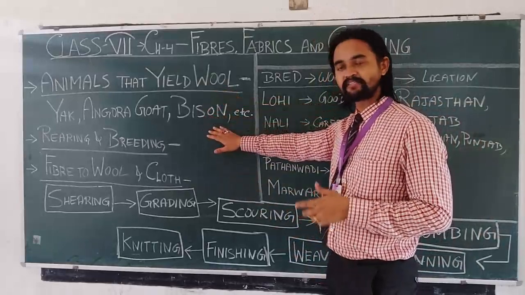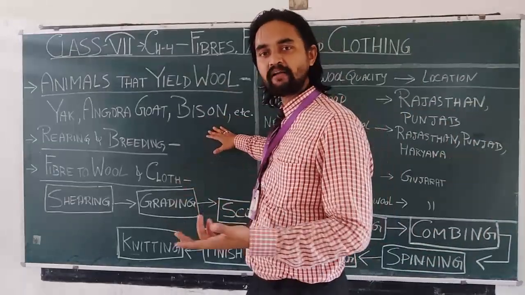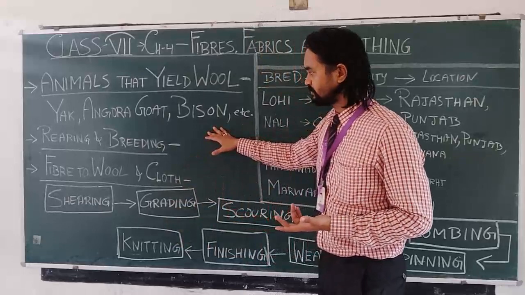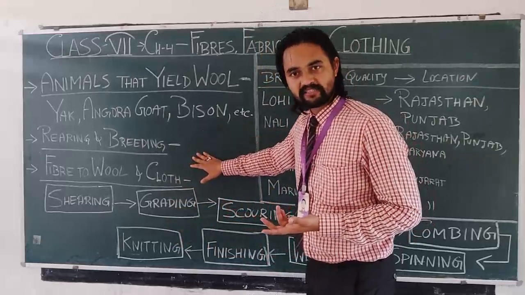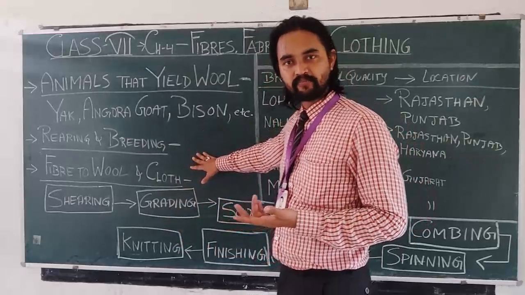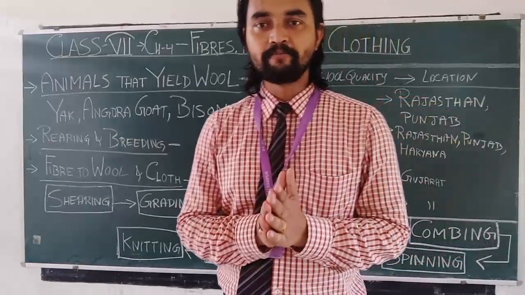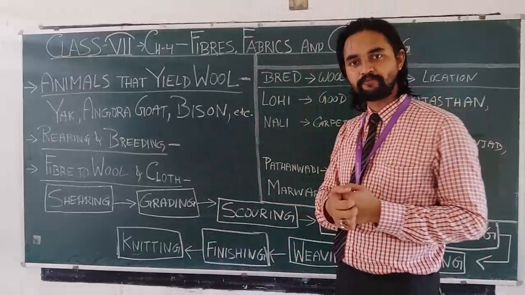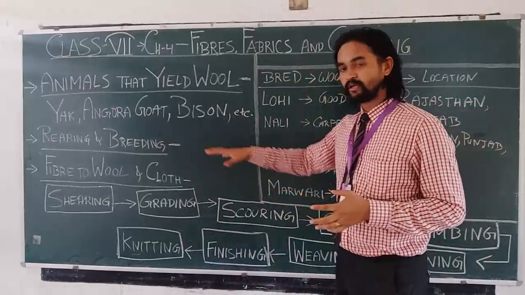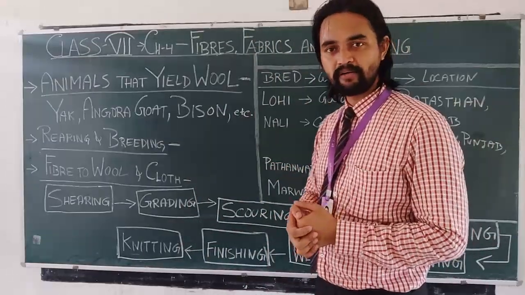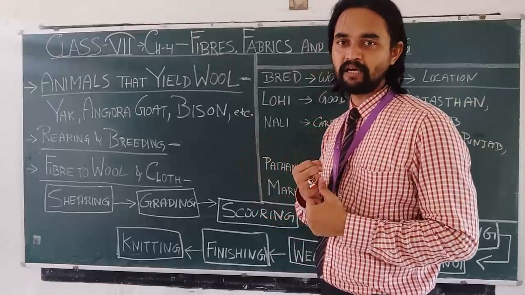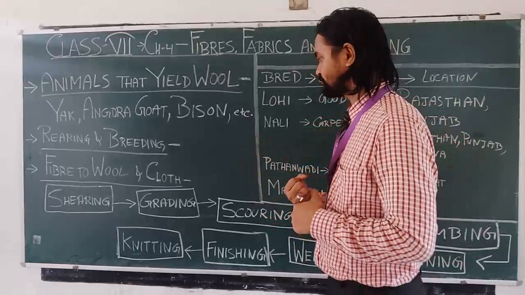Some examples of the animals are bison, Angora goat, yak, Angora rabbit, etc. And next was rearing and breeding. In this step, we saw the process of taking care of the animals and breeding them for the fulfillment of the needs of human beings.